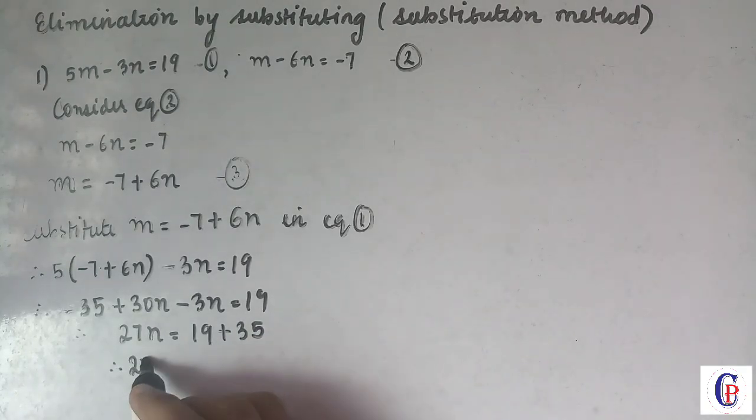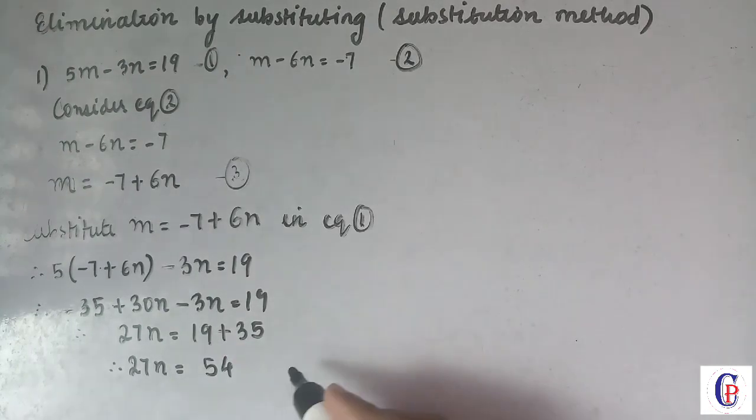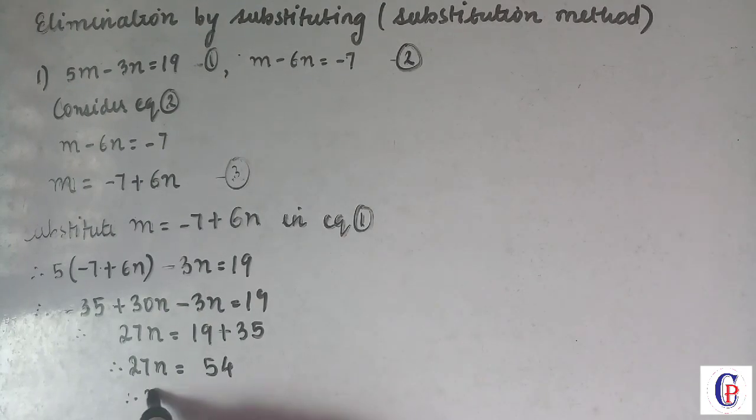So we are left with 27n equal to 19 plus 35, which is 54. So the value of n is 54 divided by 27, which gives us 2. So the value of n we have found is 2.